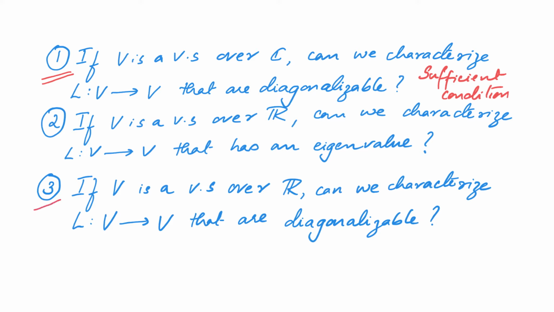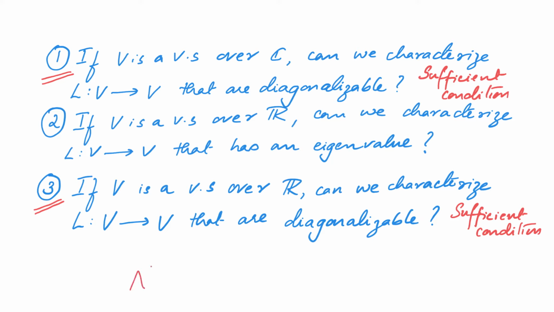This answer becomes even more interesting because it does not depend on whether V is a vector space over R or C. Therefore, we also have a sufficient condition under which a linear operator on a vector space over R is diagonalizable. However, this still does not completely characterize operators that are diagonalizable.